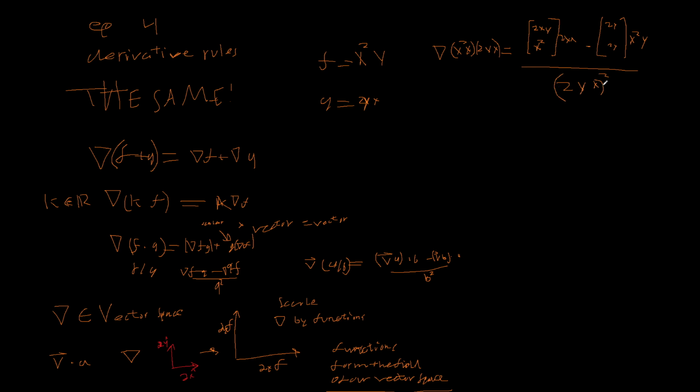And yeah, you can go fill that out. You could also just directly compute the nabla of 2x cubed y squared, which is going to be (6x squared y squared, 4x cubed y). And then if you run and check, these are going to be the same.